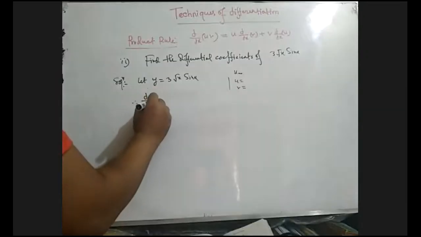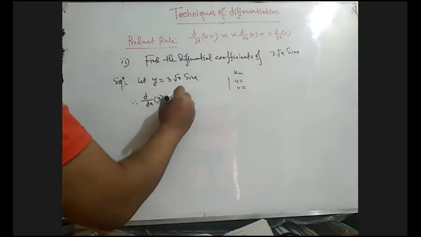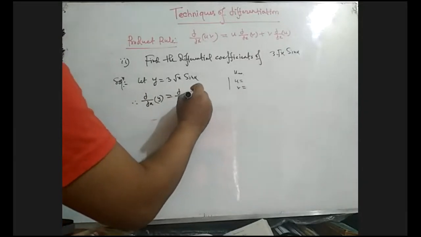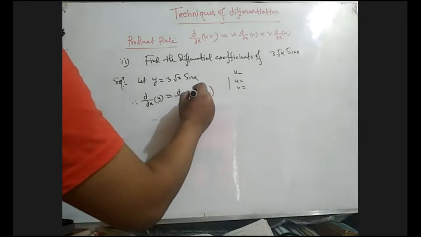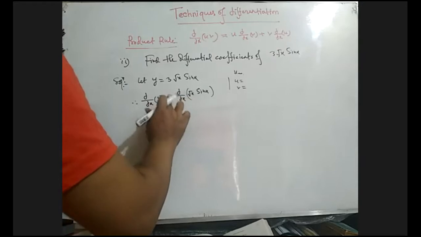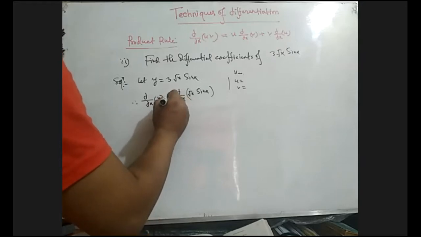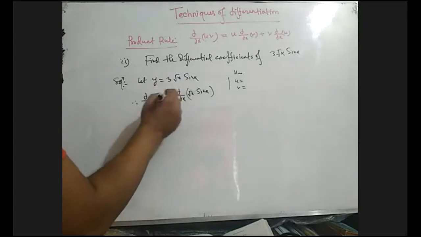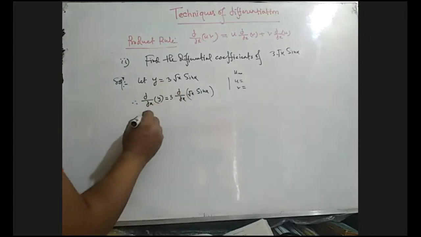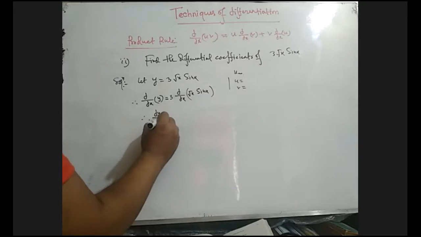Taking d/dx on both sides, 3 is a constant, so by using the constant multiple rule from our previous lecture, we get this. Therefore, dy/dx.